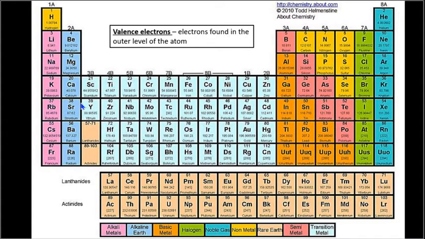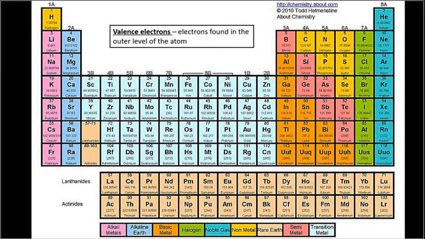Remember, group is the column. So everything in this first group here has 1 valence electron. Second group, 2 valence electrons. Skipping over the B's. And then you come to 3, 4, 5, 6, 7, and 8.